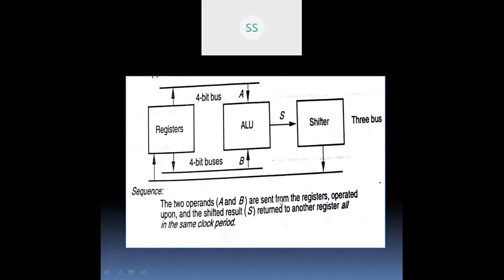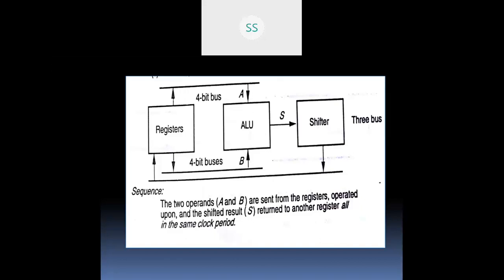It uses these two buses to give data to the ALU, and once the operation is over, it passes the result to the shifter and stores it in the register. All of this takes place in the same clock period. This is the overall architecture in the case of a 3-bus.